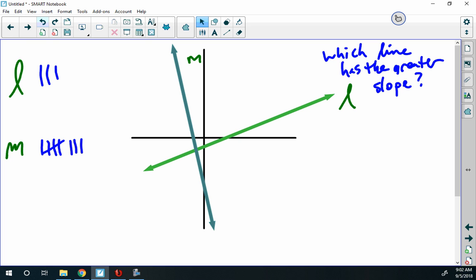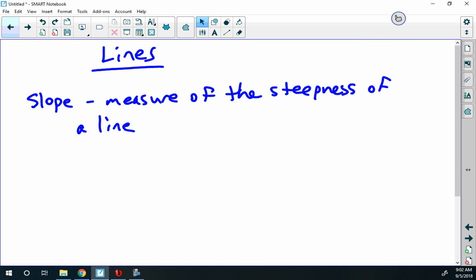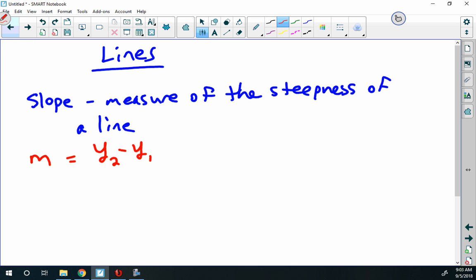So let's go back to the drawing board and say another thing about slope. There is a number associated with slope. M is the variable. We know M is calculated by taking the second y value, subtracting the first y value, dividing that by the second x value minus the first x value.